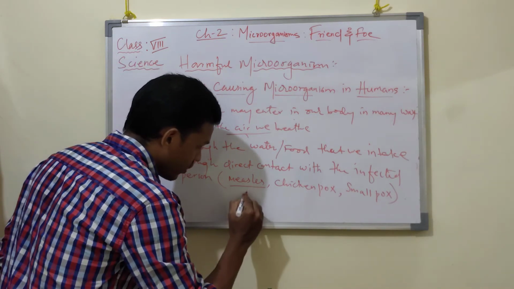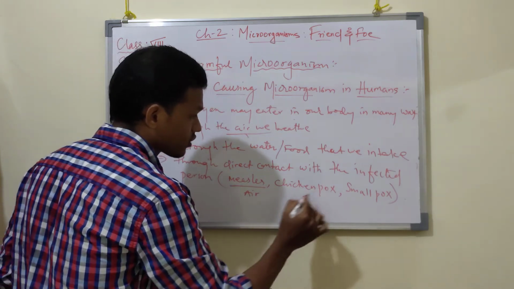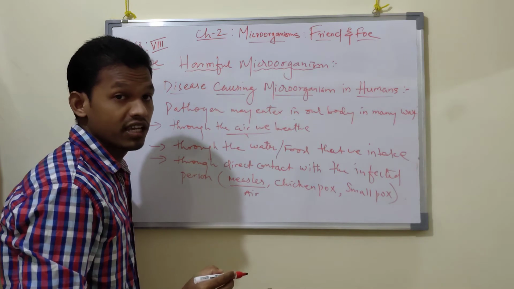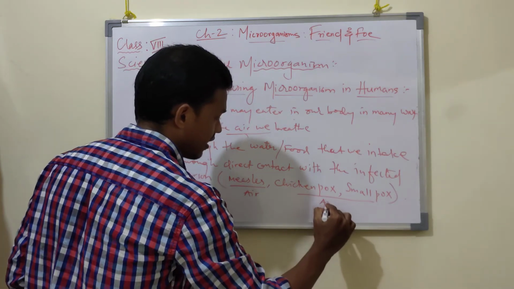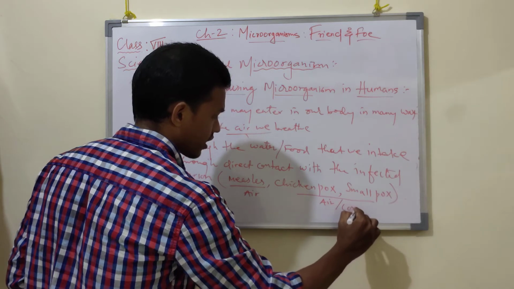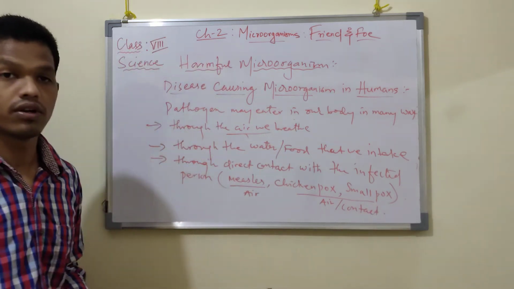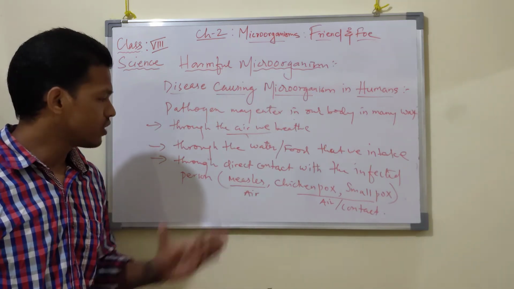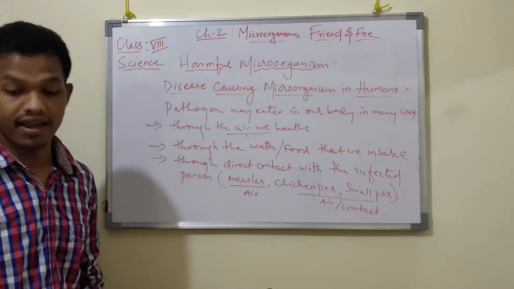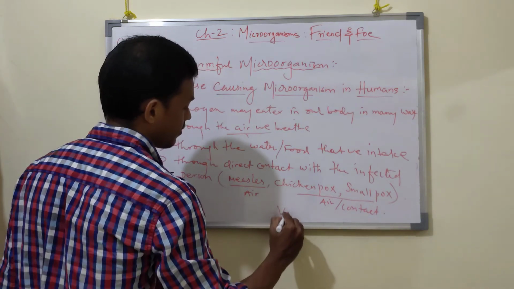These are transmitted through air. What? Air. These are chickenpox and smallpox. They are transmitted by air or direct contact. What are the microorganisms which cause these diseases? They are all viruses.